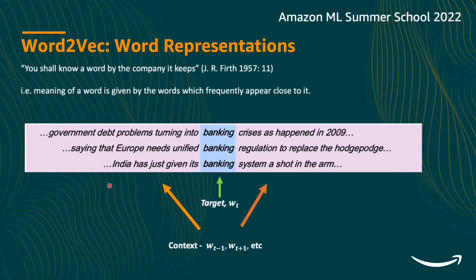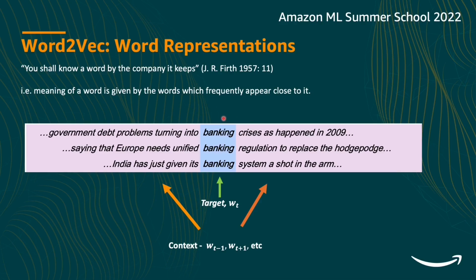And so here we can take three sentences where the word banking is used. And so this distributional hypothesis says that the meaning of banking is the average of all the words that are present around this word in all the sentences.